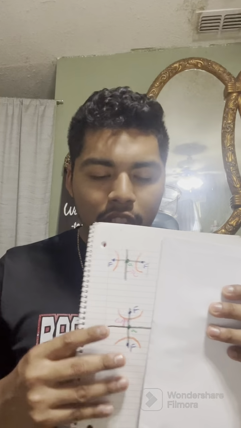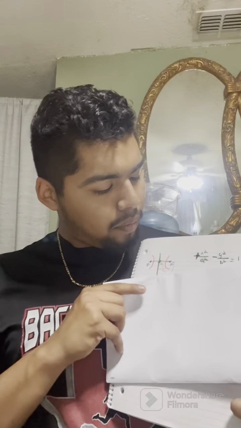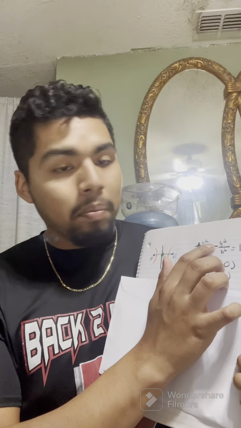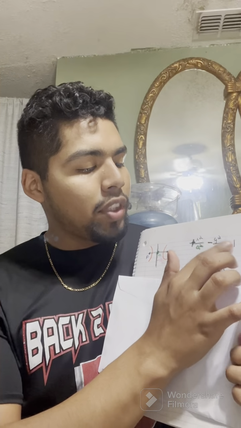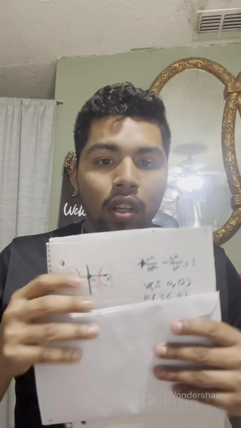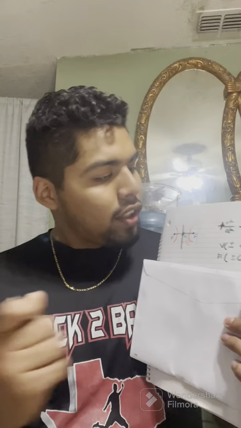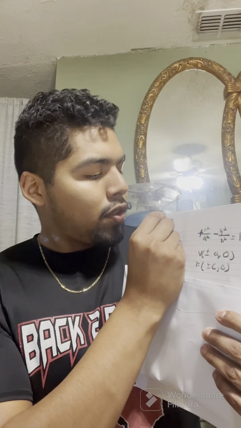I had to cover the cheat sheet. So the equation corresponding to the horizontal is x squared over a squared minus y squared over b squared, which equals 1. This is the case when the hyperbola is centered at the origin. So we've got to put centered at 0, 0.